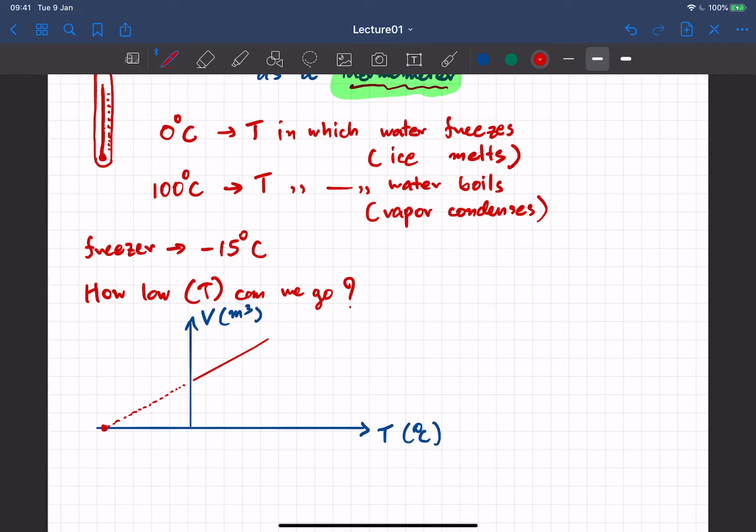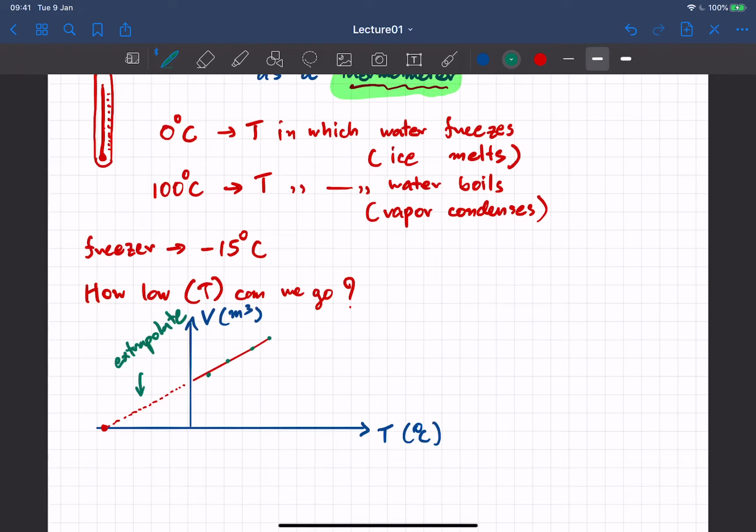So you do the experiment, you get a few data points, and then do what we call extrapolation to see, in principle, if you can measure until the volume is 0, what that temperature is going to be.